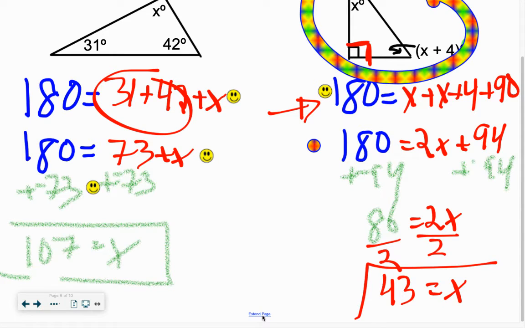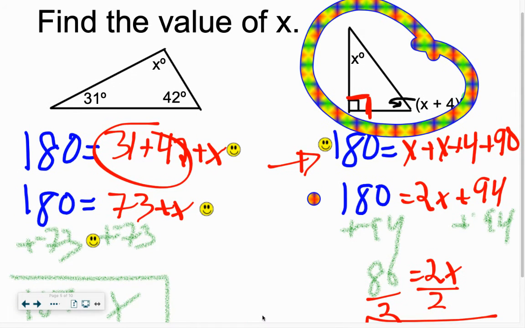The value of x is 43 degrees. If you had to, you could come up here and tell me that this is a 43-degree angle, and this here is 43 plus 4, which gives me 47 degrees. If it says find the missing value, you're done. But if it says find the angle measurements, I need to see both of those.